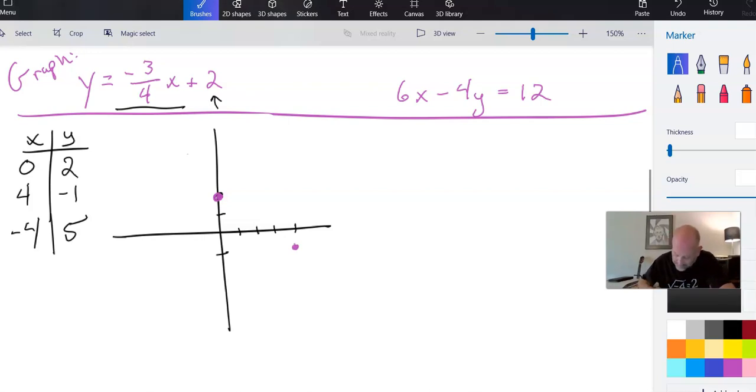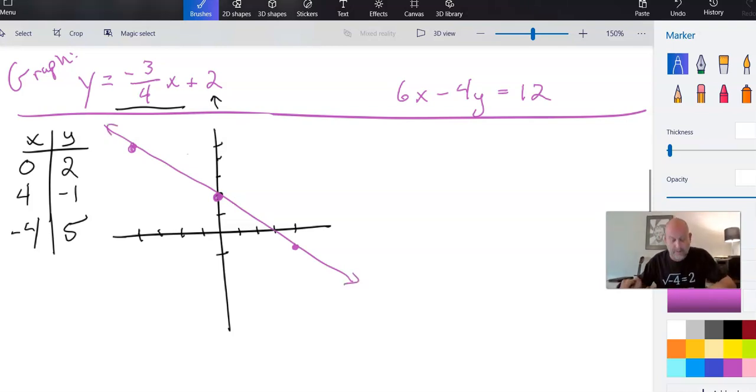We want to see if 5 makes, let's see, 2, 3, 4, 5. And then 1, 2, 3, 4. Okay. So if we go negative 4, 5, that puts us up here. And that looks like we have a straight line here. Pretty close. If we have an error, it's due to my drawing ability. Okay. Right, so that's what the first one should look like.